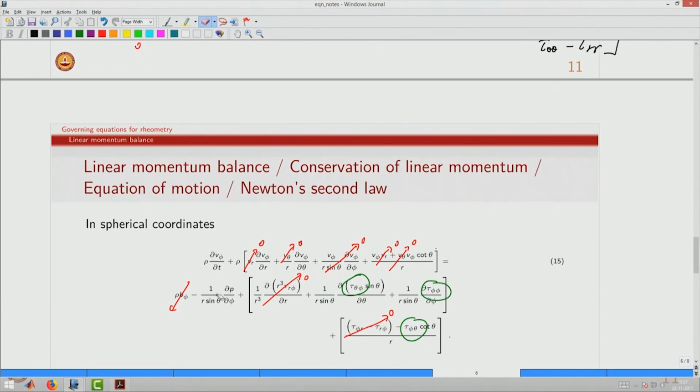So, what we have seen are a couple of examples of using the linear momentum balance for solving problems related to rheometry. And in the next set of lectures we will assume that the flow profile and the measurement of stresses is possible, and it is done by the people who are devising rheometers, and the data is being collected and analyzed so that these fluid mechanical assumptions are valid.